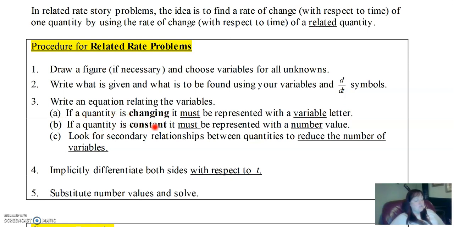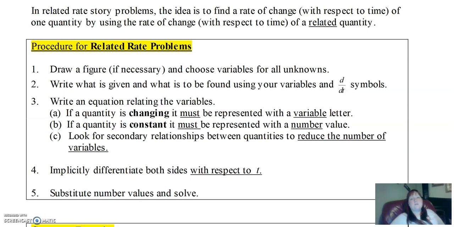If a quantity is changing, it must be represented with a variable. So think about what is changing and what is staying the same. In a cone, the height is changing, the radius is changing, and the volume is changing. As I fill that up, the volume, the height, and the radius all change.